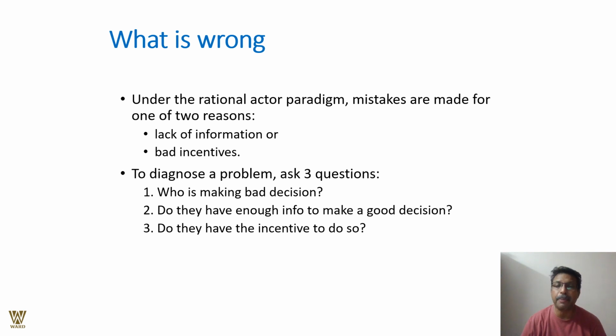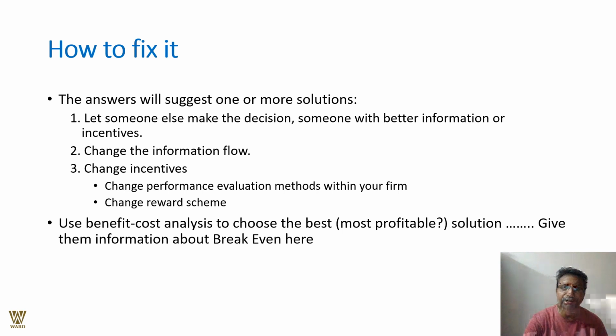Under the rational actor paradigm, mistakes are made for only two reasons: either lack of information, not being aware of it, decisions taken under uncertainty, or the mere fact that whatever incentives you are offering are absolutely bad. To diagnose a problem, ask three questions: who is making the decision, the bad decision in this case? Do they have enough information to make a good decision? Are they making it under uncertainty, or are they ignoring valid information that has been provided to them? Do they have an incentive to do so? Are they deliberately doing it?